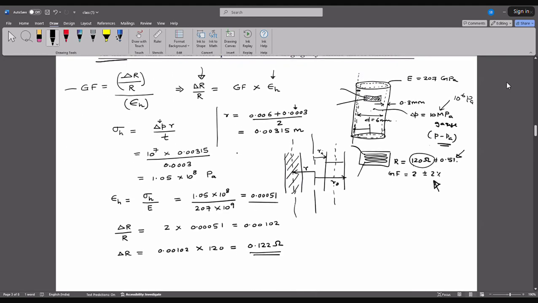So the total uncertainty, if you want to find, you can find that.